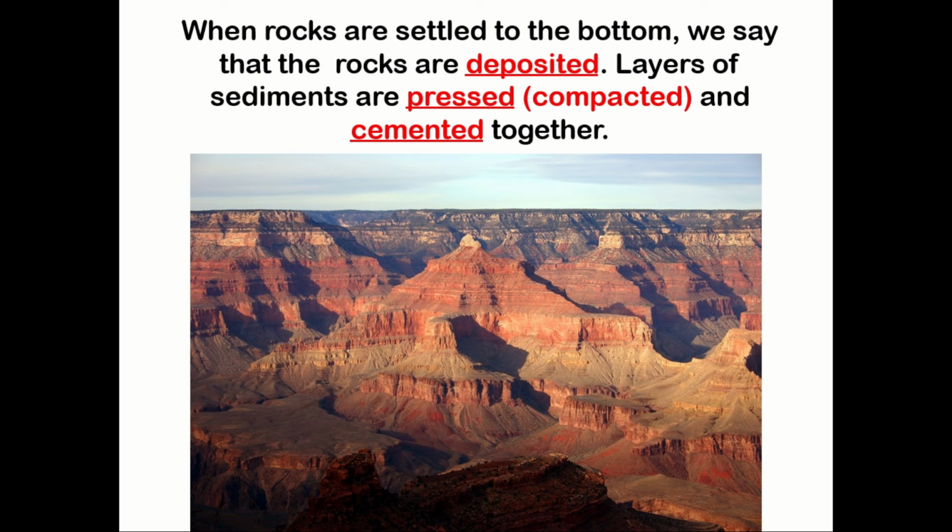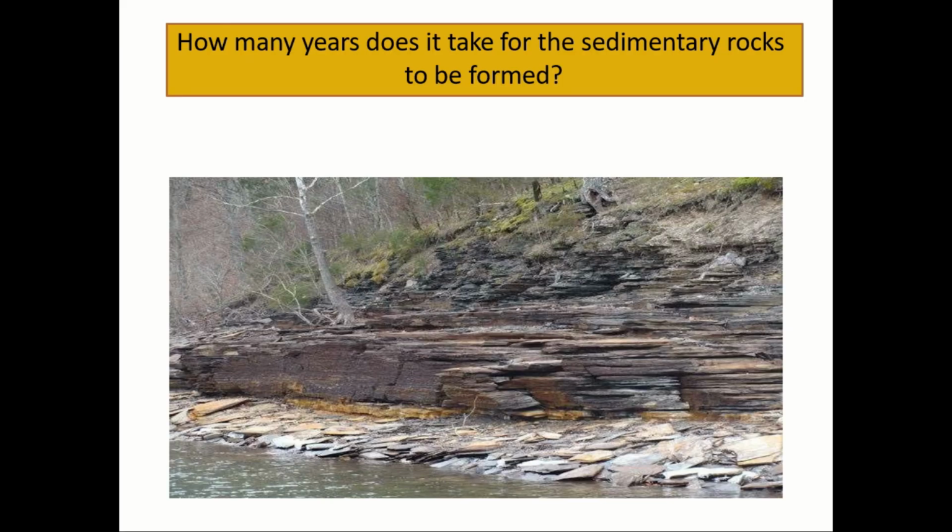As you can see here, this is already a mountain range of sedimentary rocks. You can see the layers. How many years does it take for sedimentary rocks to form? As I have said, it takes millions of years to form like this. It is usually found near bodies of water, like rivers, riversides, lakes, even ocean beds.